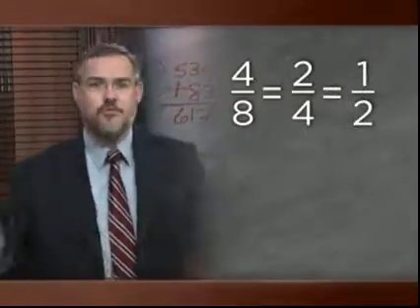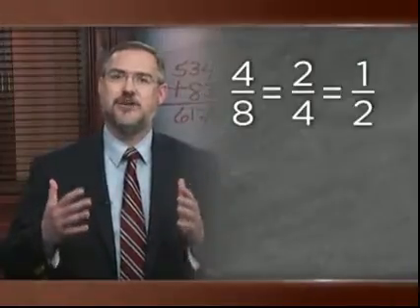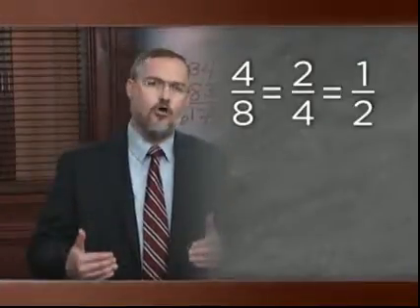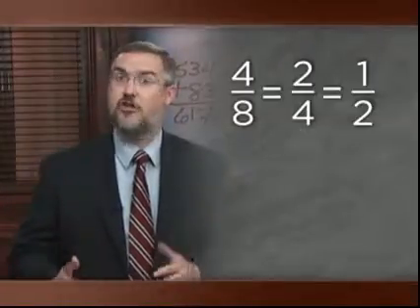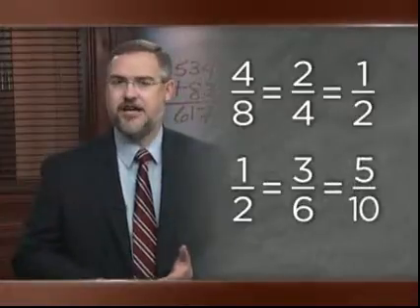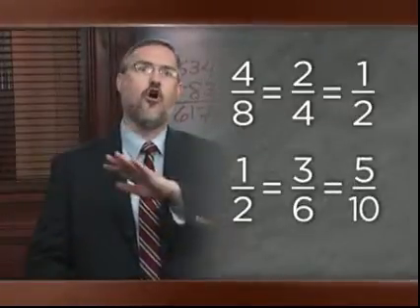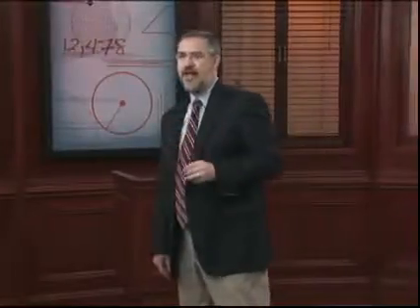In fact, we could play this game forever. We could write down infinitely many different looking fractions, all of which mean the exact same thing as the fraction 1/2. We could have written down 3/6, 5/10, and so on. All of them would be equivalent to 1/2. Now, that leads us to an important definition.